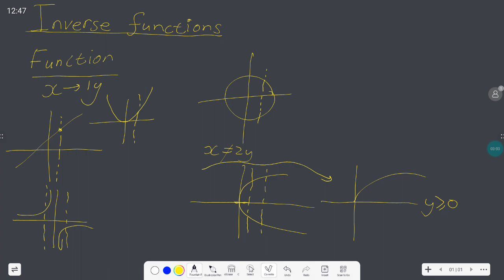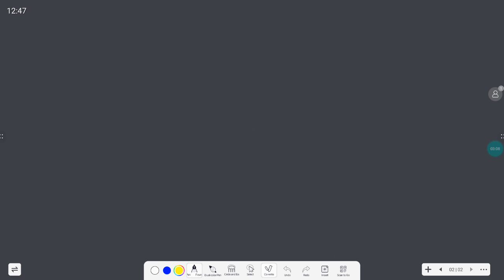So now that we know what is a function, we can continue to inverse functions. So, what happens with the inverse function? It's simply put, y becomes x and x becomes y.